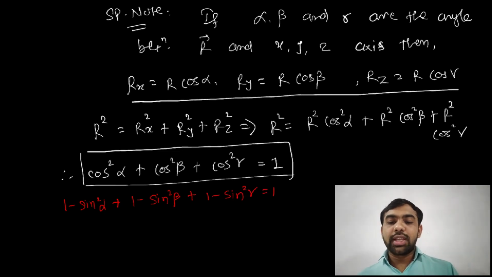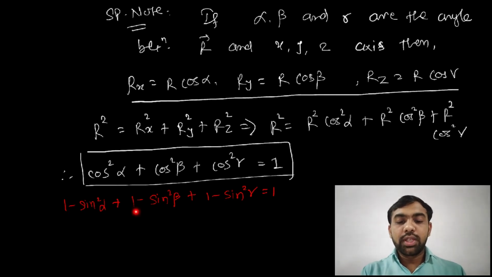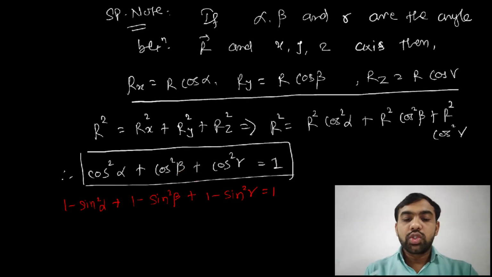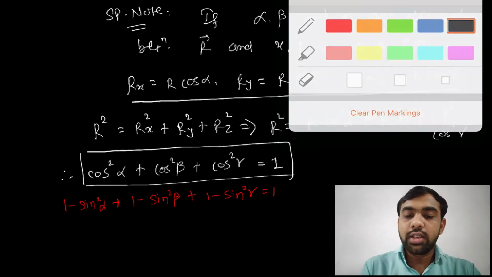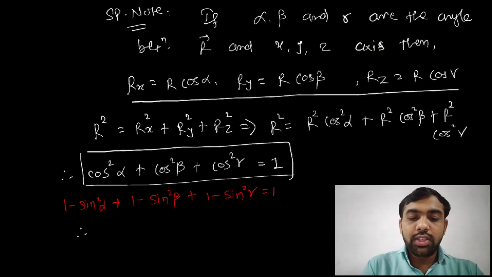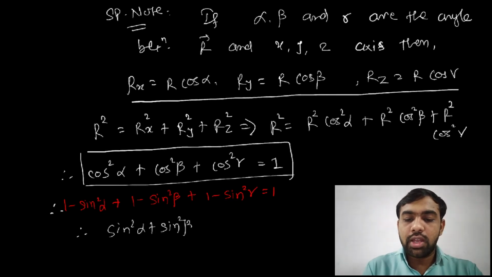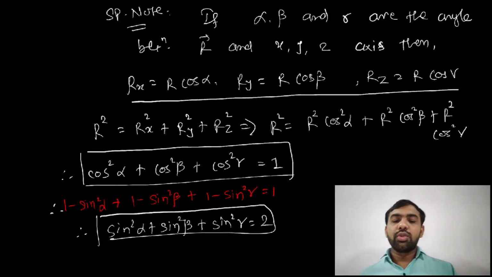The sine squares come to the right-hand side and become positive, so 1 plus 1 plus 1 is 3, and this 1 comes to the left-hand side, so 3 minus 1 means 2. So another important result: sin square alpha plus sin square beta plus sin square gamma is equal to 2. Remember, alpha, beta and gamma must be the angles with the x, y and z axes. That is a required condition.